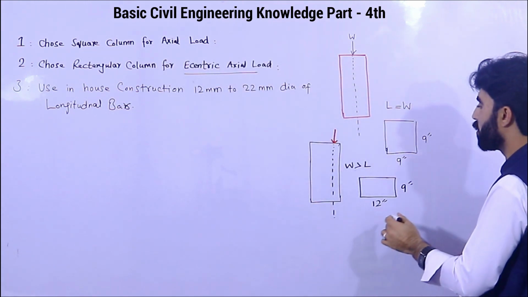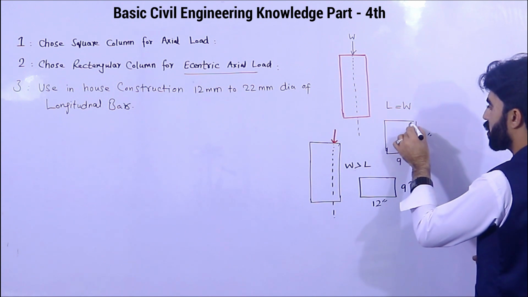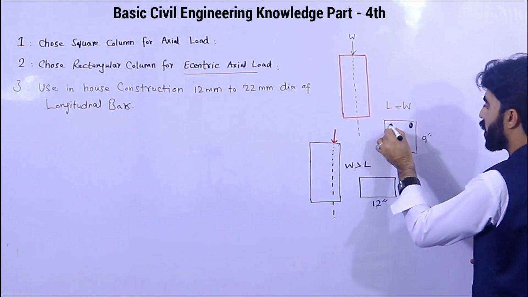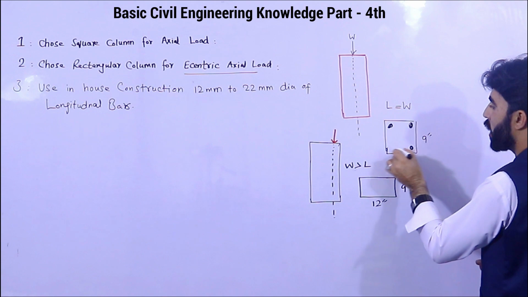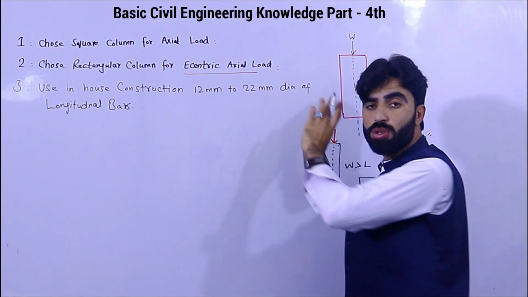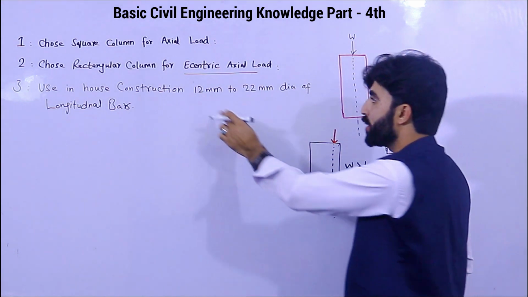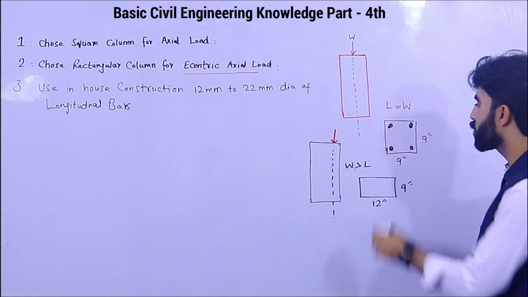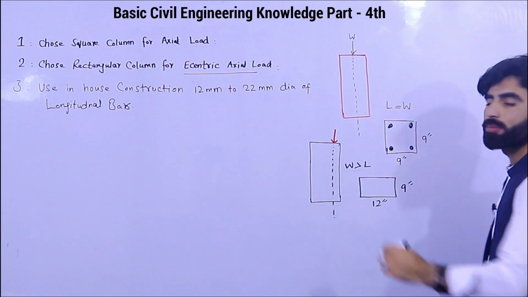Inside the column we are using steel rods. The steel rod dia for a normal residential building should not be more than 22 mm. So between 12 and 22 mm you are able to use longitudinal bar. This is the other point.